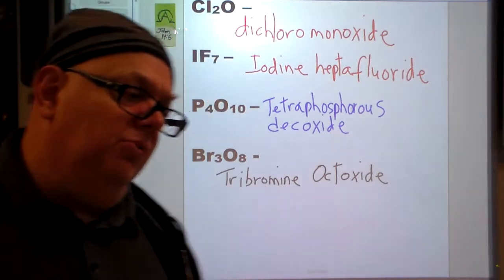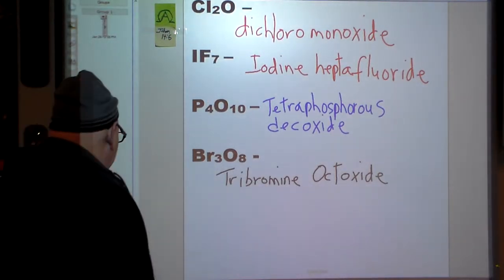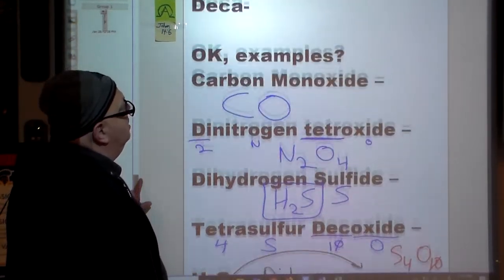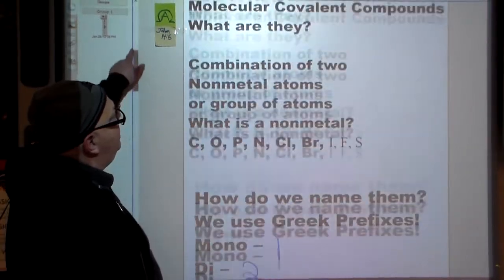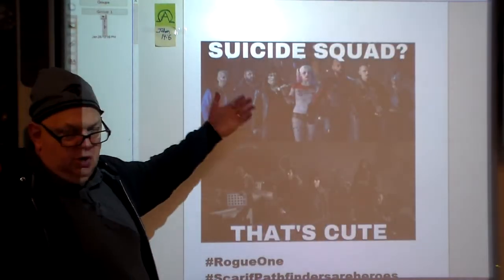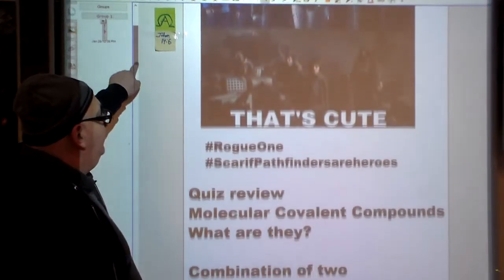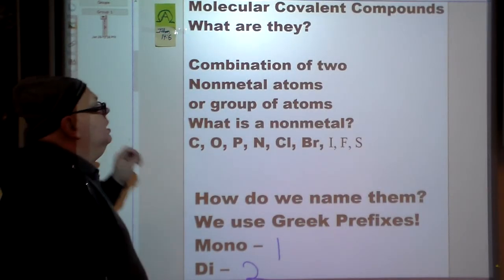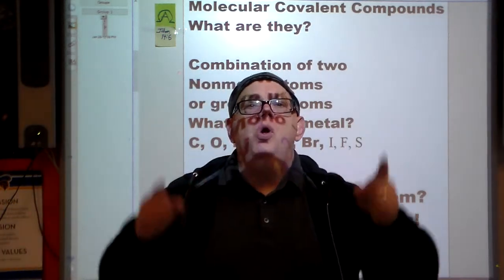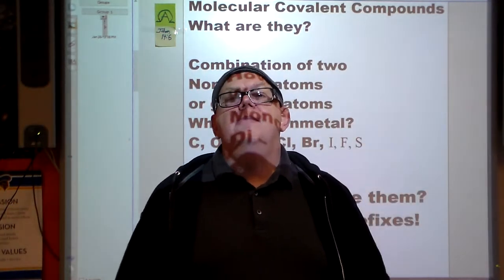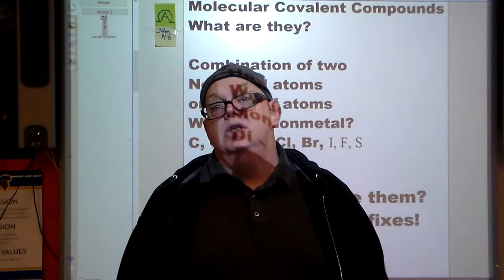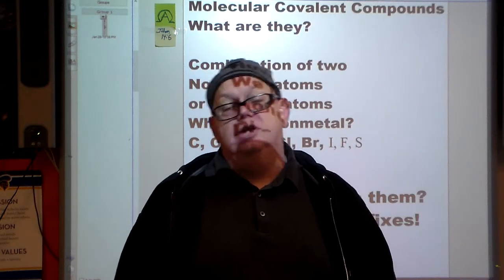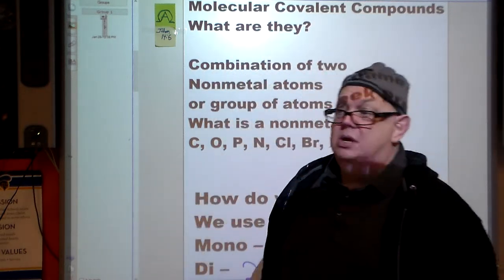Let's see how much time I have here. Do you guys want me to wrap this up? Well, you can fast forward this, okay? But I went ahead and went through it. I started out with this, and we talked about what molecular covalent compounds are. These are the ones that have nonmetals in them, and you have to use the Greek prefixes: mono, di, tri, tetra, penta, those things.